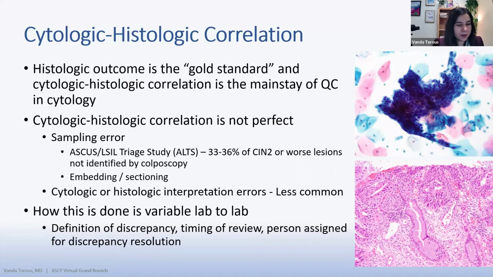Or is it somebody who had no role in the initial case, right? So it's just somebody assigned for this. So really, having so many choices is great, because it allows laboratories to select what works best for them. So they can tailor this, not just this, but a lot of QA things, to what works best for their practice.